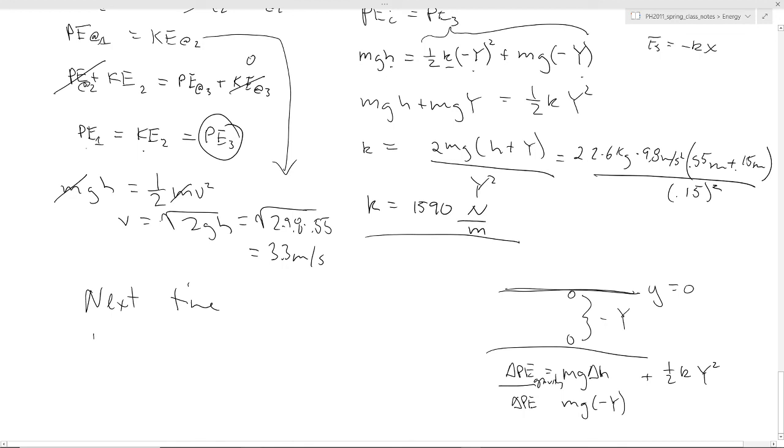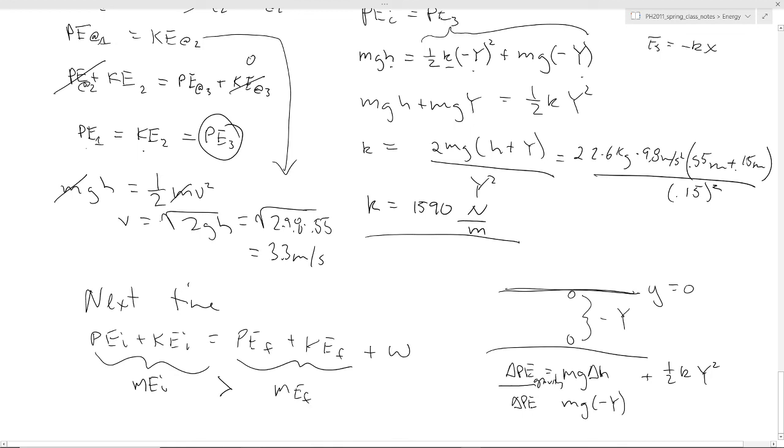So basically, in this situation, the potential energy initial plus kinetic energy initial is going to be, when we equate that with the potential energy final plus kinetic energy final, if this mechanical energy is greater than this mechanical energy, then there must be some work that's done by non-conservative forces, i.e. friction, etc. So we'll look at some examples with that.